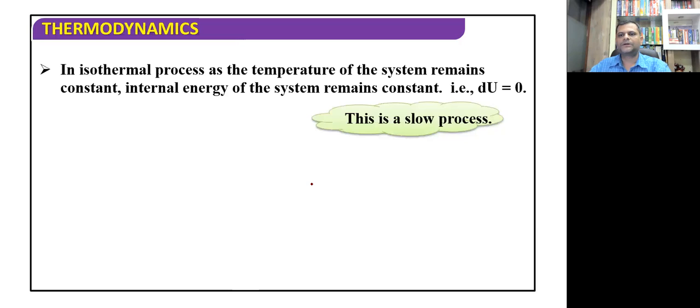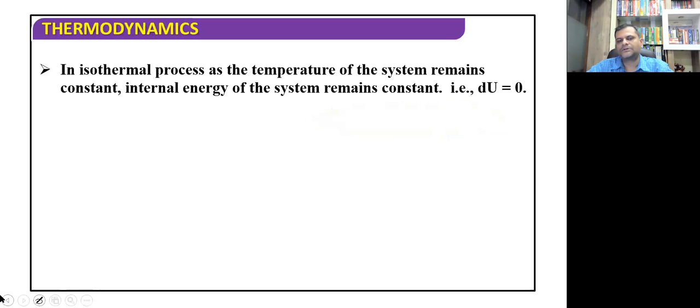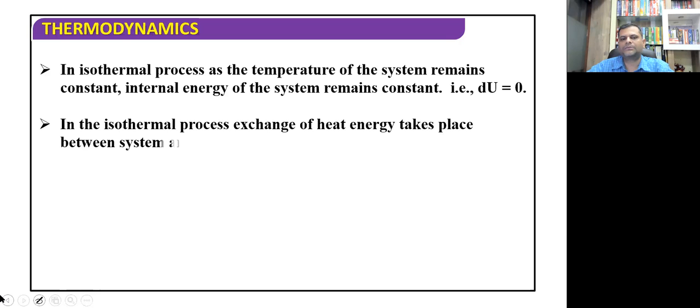Remember, अभी जबकि isothermal process के अंदर temperature ही constant है, तो उसकी वजह से क्या हम बोल सकते हैं कि internal energy will also remain constant, and hence the change in internal energy is also going to be zero. So remember, in case of isothermal process, dU remains zero.